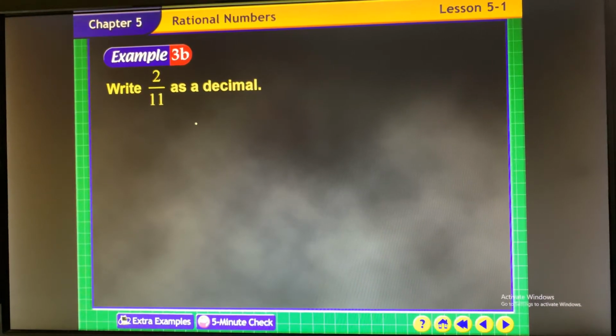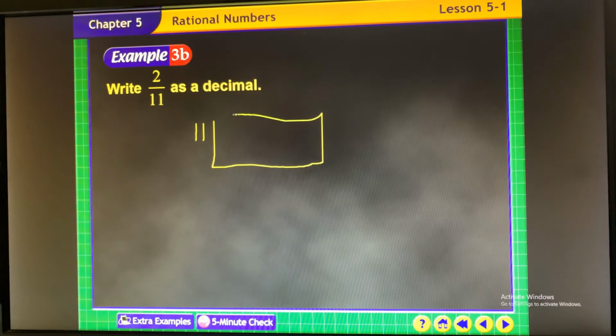That's your benchmark. But I'm going to show you with a rectangle. Whoa. Something happened with that rectangle. Okay, so I put the 2 here, and then I put zeros. Bring the decimal up. How many times does 11 go into 2? It doesn't.